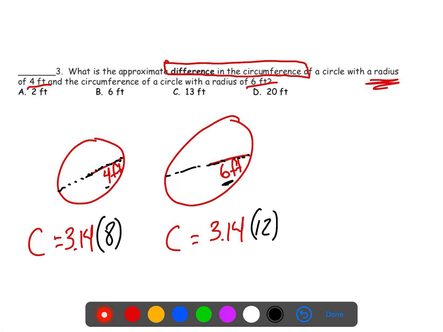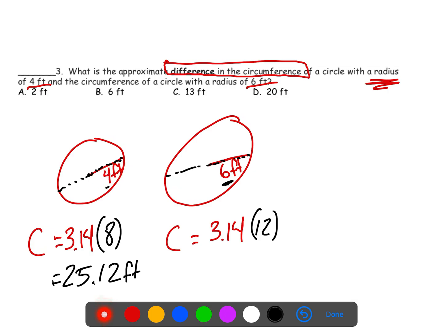Now I just need to do a little calculating. So I'm going to take 3.14 for the smaller circle times 8 to get a circumference of 25 and 12 hundredths. Now this is in feet because that was the measurement of my radius on the circle here.